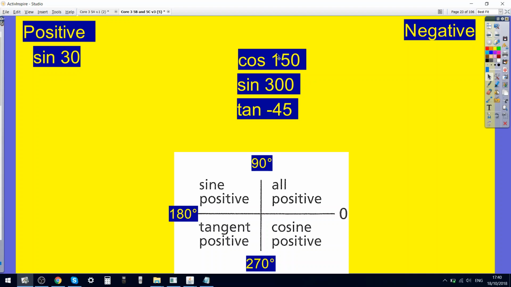So the cos of 150, which quadrant will 150 be in? How do you know? Is it between 0 and 90, 90 and 180, 180 and 270, 270 and 360?